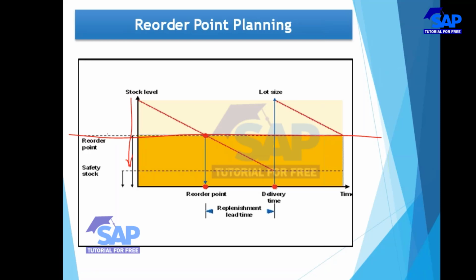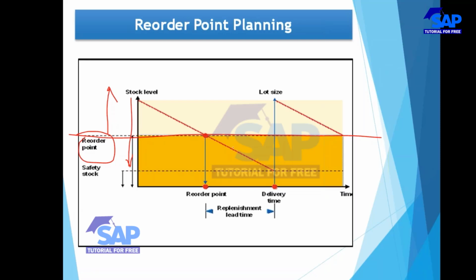If your stock is more than the reorder point, the system will not generate any procurement proposals. The proposal is either a purchase requisition, or a planned order if you are doing in-house production. That is what the reorder point planning is.